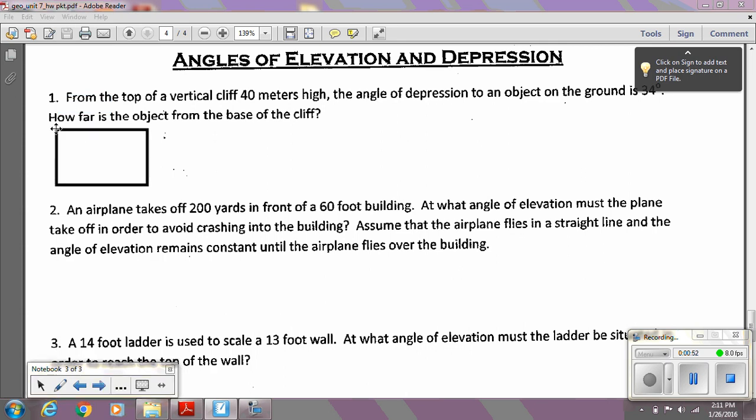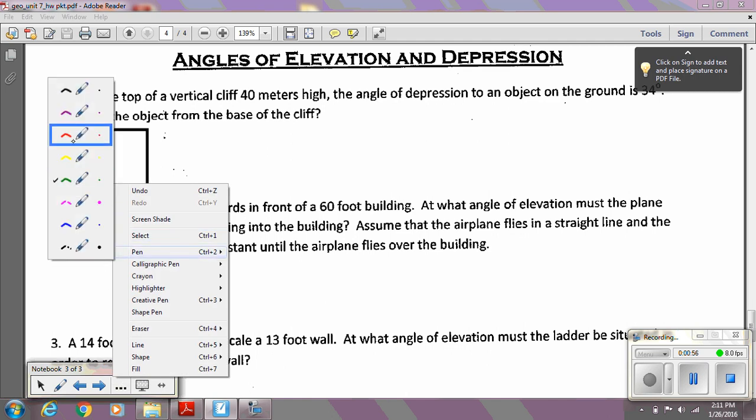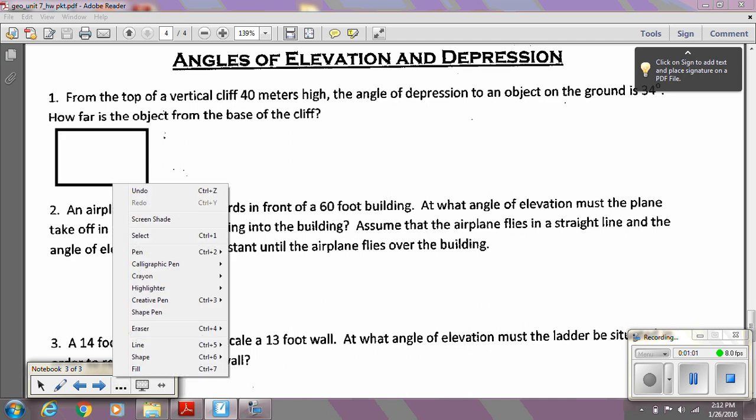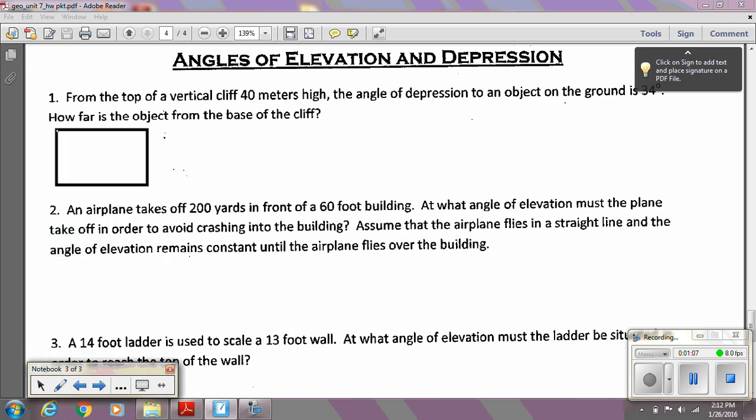So here's my rectangle. And here's the diagonal.